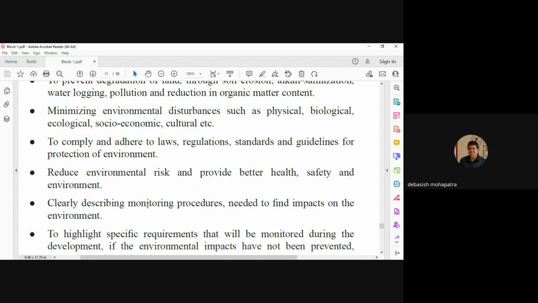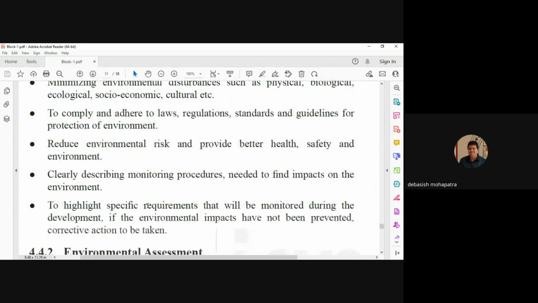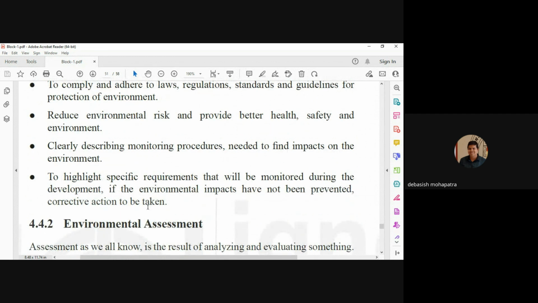Reduce environmental risk and provide better health, safety and environment. Clearly describe monitoring procedures needed to find impact on the environment. To highlight specific requirements that will be monitored during the development. If the environmental impact has not been prevented, corrective action to be taken.